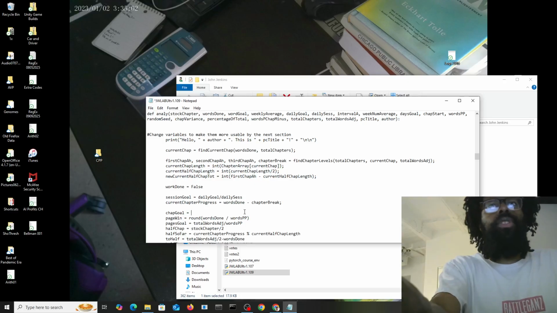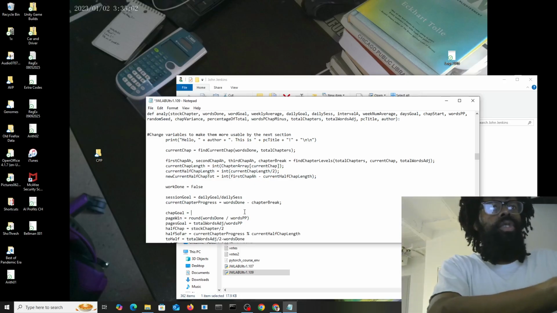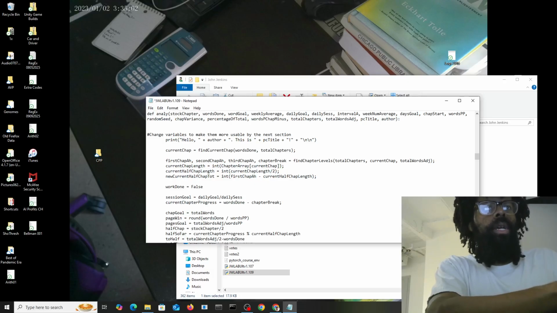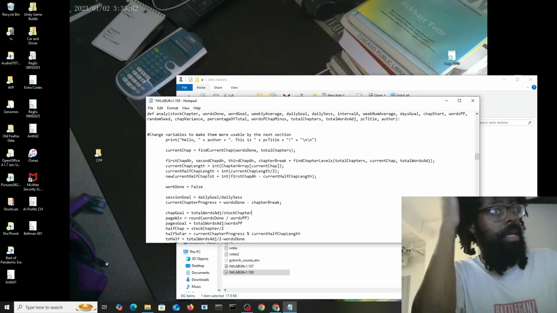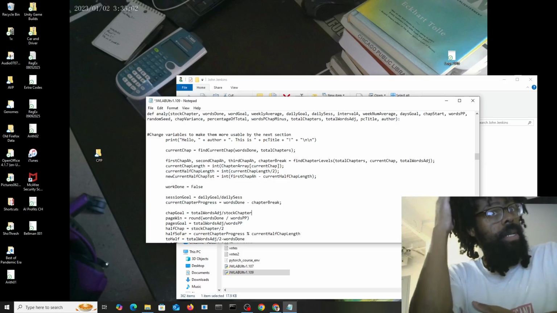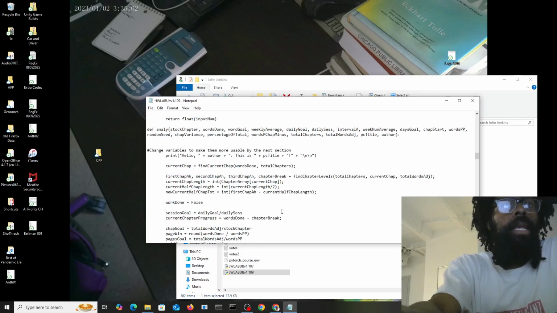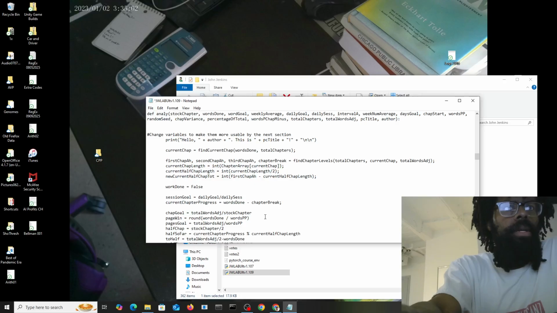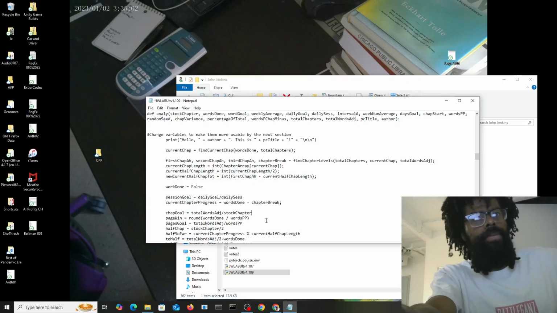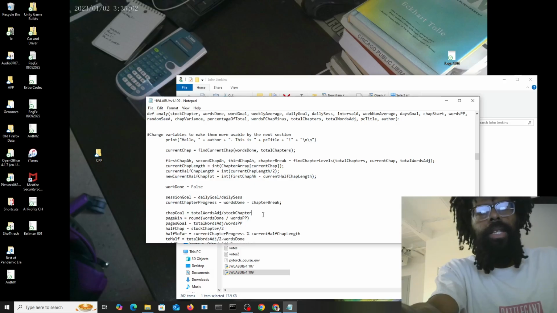What I was supposed to do was total words adjusted divided by stock chapter. That's what I was supposed to do. I had it backwards and I misspelled the variable, and I had the wrong variable. So I'm glad I caught that.